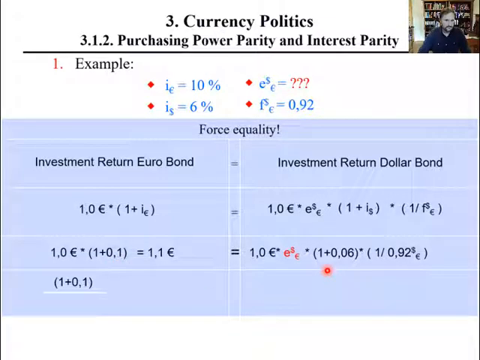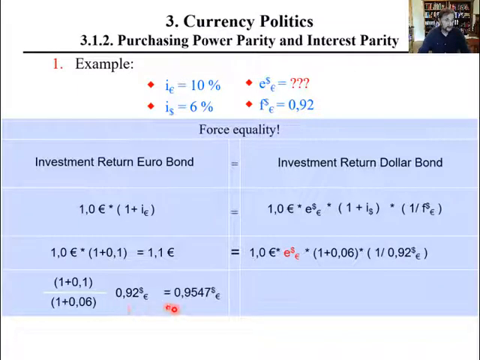We divide both sides of the equation by the dollar interest factor. The dollar interest factor disappears on the right side, reappears on the left side. Next we have to multiply both sides of the equation with the forward exchange rate. Then the forward exchange rate disappears on the right side and reappears on the left side. And then we can calculate the value of this expression, which of course equals the equilibrium spot exchange rate.